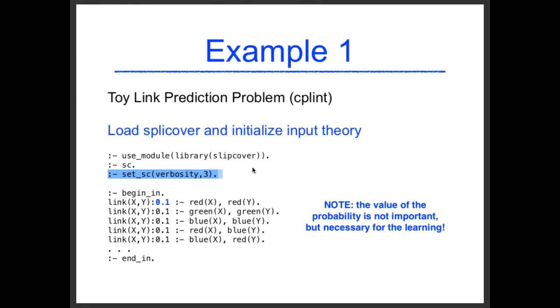Then you have a section where you specify the input theory. So in the input theory, you have basically a list of the rules. Again, it's very similar to the Problog syntax, but here the weight's value is not important, because it's not used for initializing the network. It just means that you want a weight there, and so slipcover is going to learn the weight.